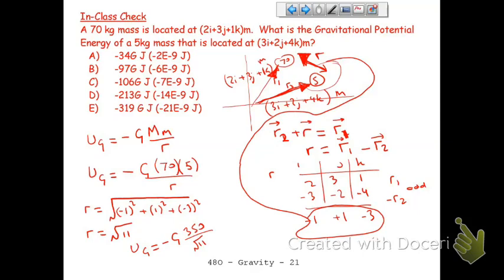If I did that right, 350 divided by the square root of 11, I'm getting 105.5 G, so it'd be equal to minus 106 G joules.